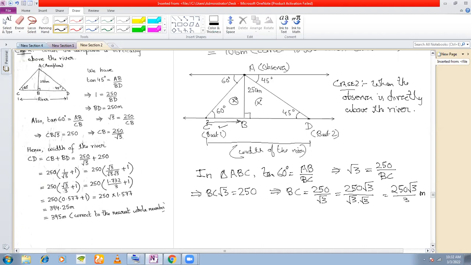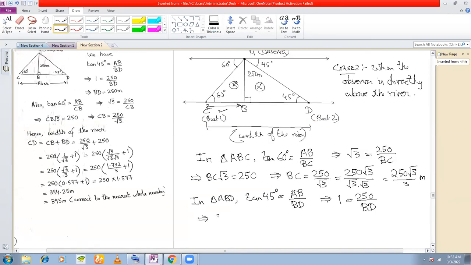Now consider this right angle triangle ABD. Tan 45 is equal to AB by BD. Tan 45 is 1, AB is 250, and we can find out BD.